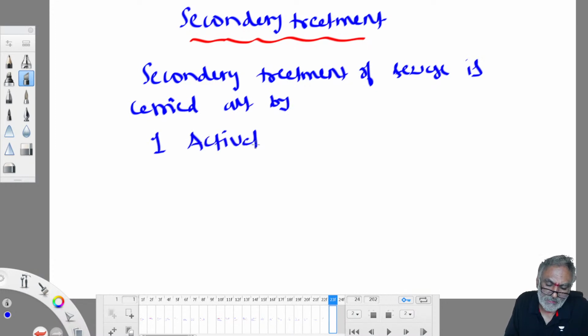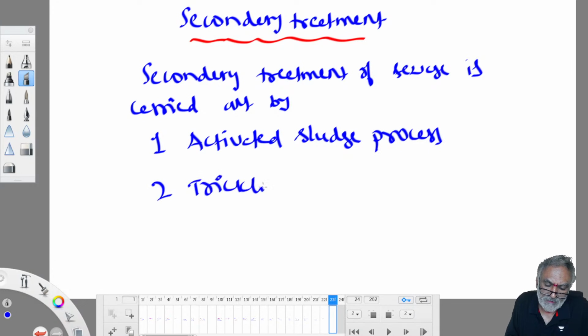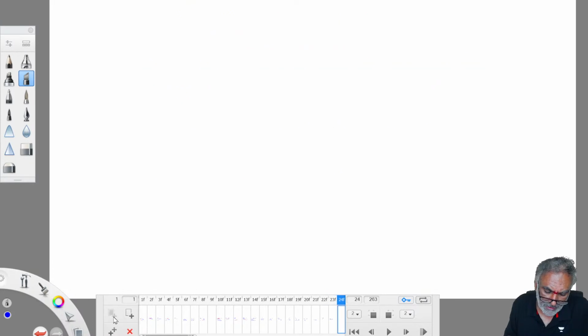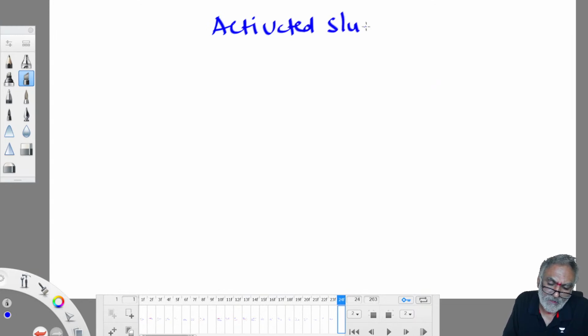One is the activated sludge process. The second one is trickling filters. In case of the activated sludge process, there are so many design parameters.